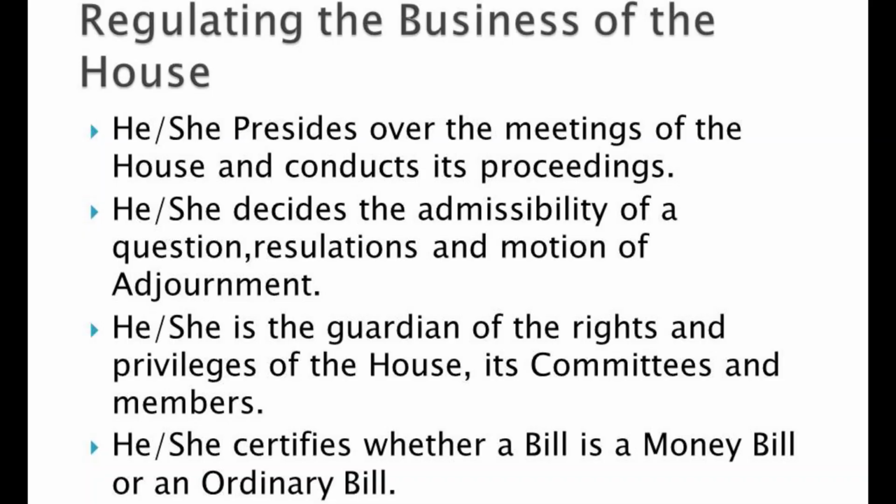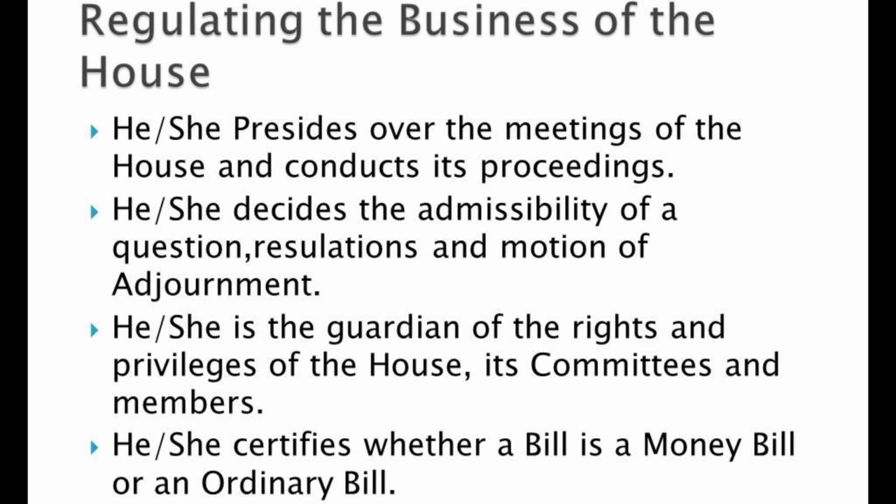Now we learn about the first one, regulating the business of the House. Who is regulating the business of the House? The Speaker presides over the meetings and conducts its proceedings. Second, he decides the admissibility of questions, resolutions, and motions of adjournment.